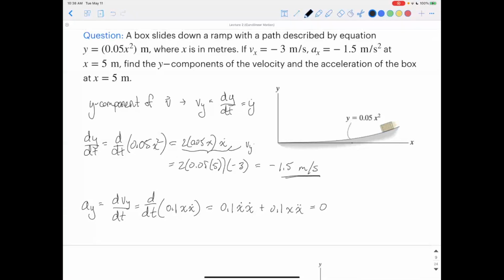We can substitute in 0.1 times minus 3 times minus 3 plus 0.1 times x, now 5, and the x double dot is minus 1.5. And we end up with ay is 0.15 meters per second squared.